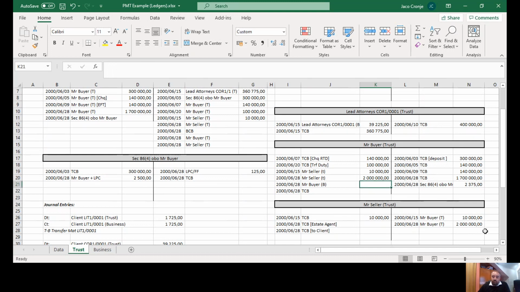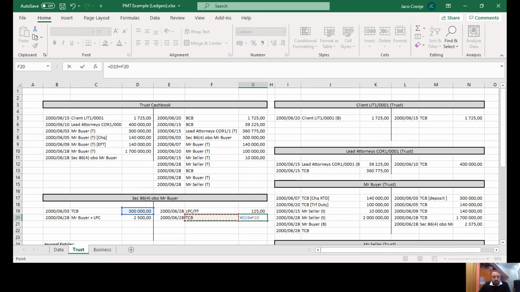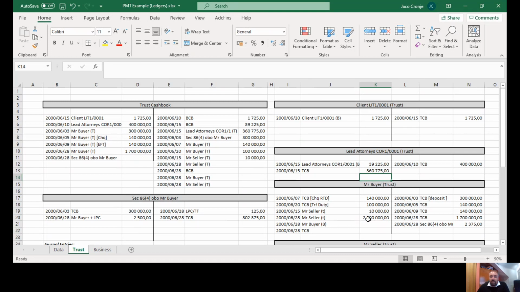So how much do we withdraw? Oh, sorry. So to withdraw the investment, how much do we have? We've got 300,000 plus 2,500 less 125. So 302,375 gets withdrawn. Does that affect my liability towards Mr. Buyer? No, it's his money that is there.